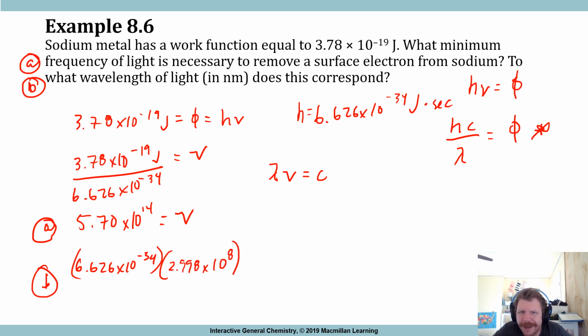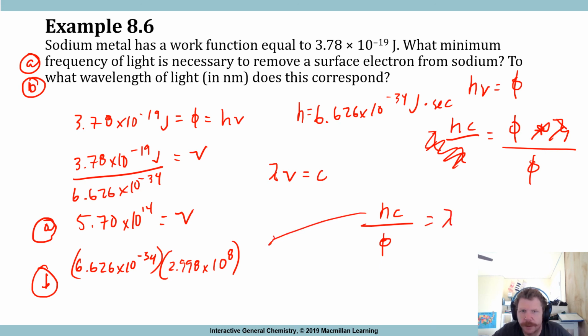I have to do a little algebra to rearrange this equation: multiply each side by lambda, which gets rid of it there, then divide by phi. So hc over phi is equal to lambda. I've got the hc right here, and now I'm going to divide each side by phi, which is my work function.